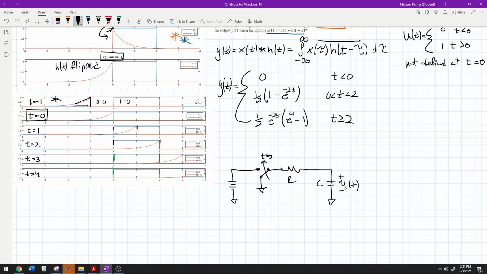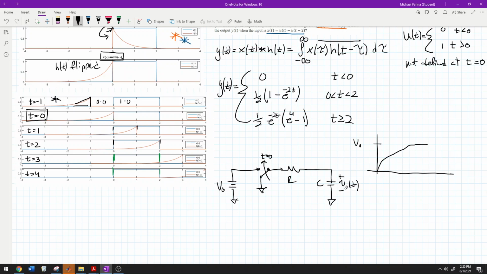so we know our capacitor is initially at 0 volts because it's at ground right now. And we can just call this V naught right there. If we switch this over to the power at t equals 0, we're going to get an exponential rise of the output voltage.